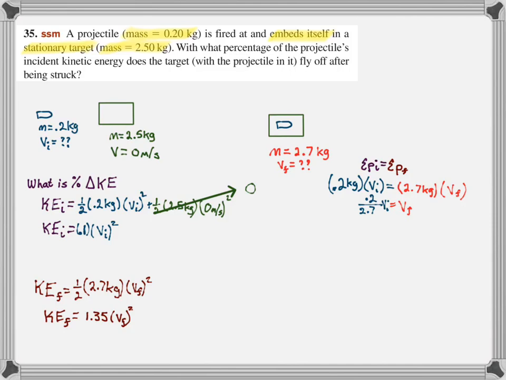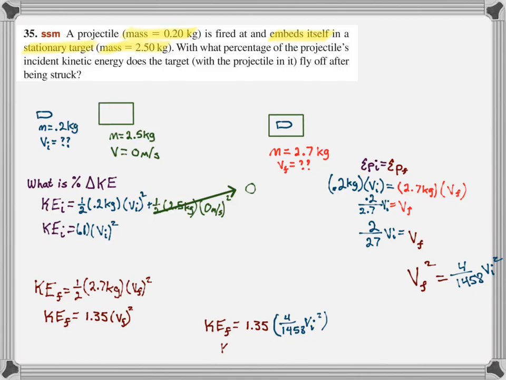Then we can use a system of equations to plug that back in. We find that Vf squared is equal to 4 over 1,458 Vi squared. So we can rewrite the final kinetic energy in terms of the initial velocity and then compare it to the initial kinetic energy.